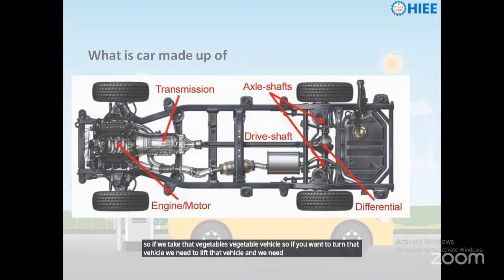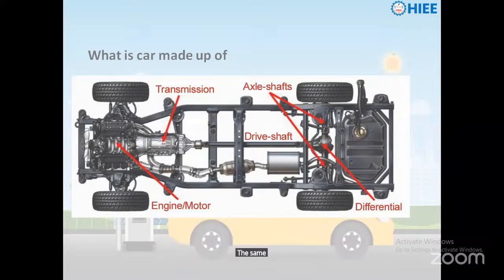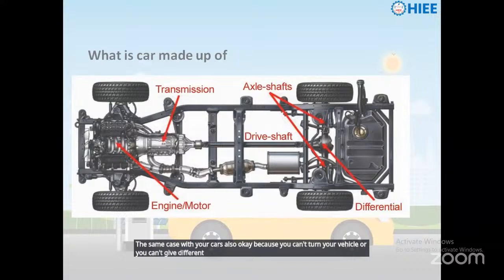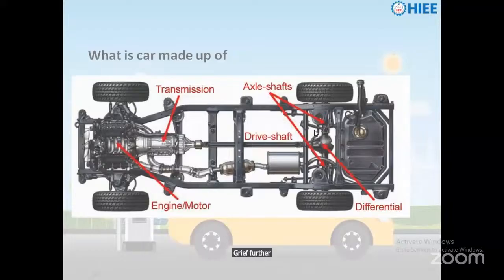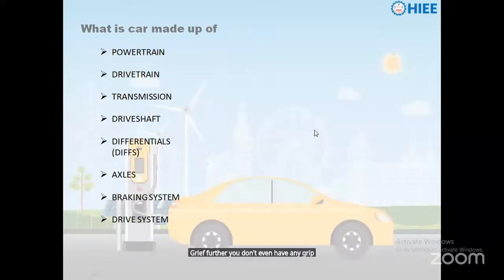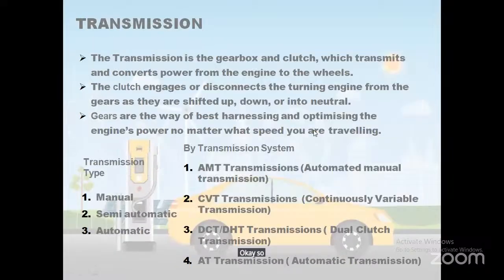The same is the case with your cars also, because you can't turn your vehicle or give different speeds to the wheels. Your wheels will get interlocked, and you won't have any grip for that vehicle. So that is about your differential.